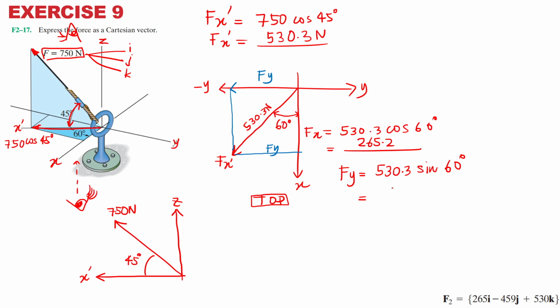Okay, let's solve this one. 530.3 sine 60, you're going to get 459 Newton. This is your Fy. This is your Fx. Since both of them are important, you might want to put a rectangle around them.